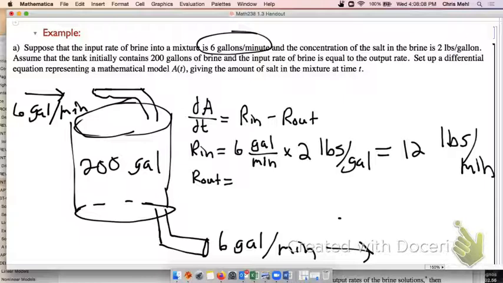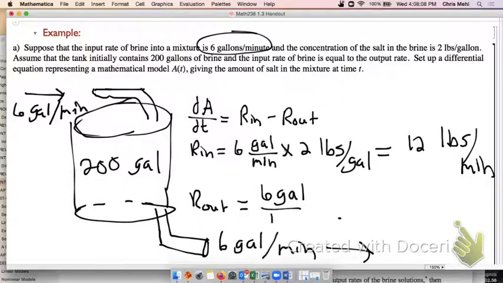Now the outflow is not as easy to determine. Again, you want to end up with units of pounds per minute. I'm going to write this first. There are 6 gallons leaving per minute, that's how much solution is leaving this tank.